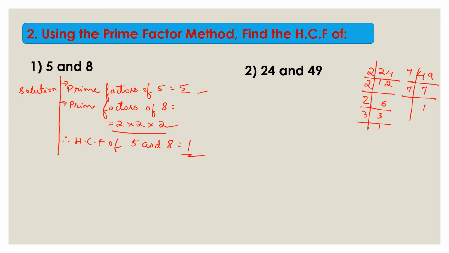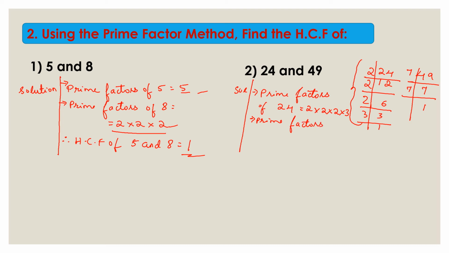So let's write here the solution and write the prime factors of 24 equal to 2 into 2 into 2 into 3. Next, prime factors of 49 equal to 7 into 7.